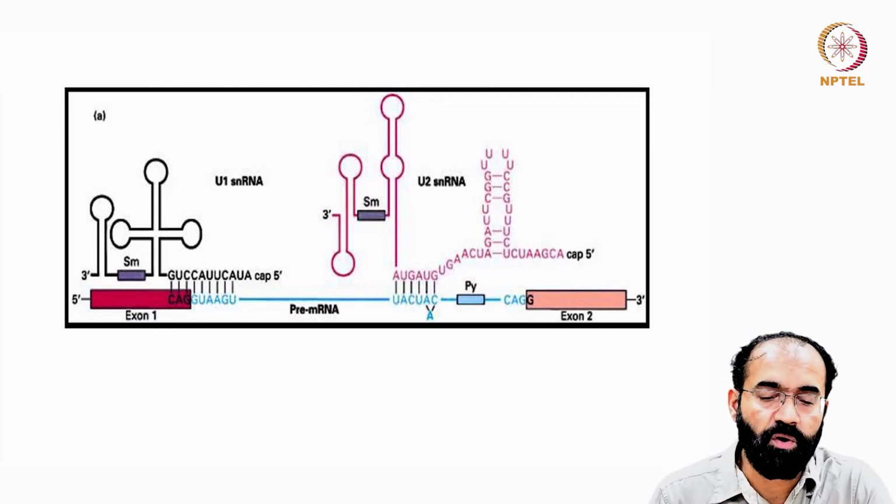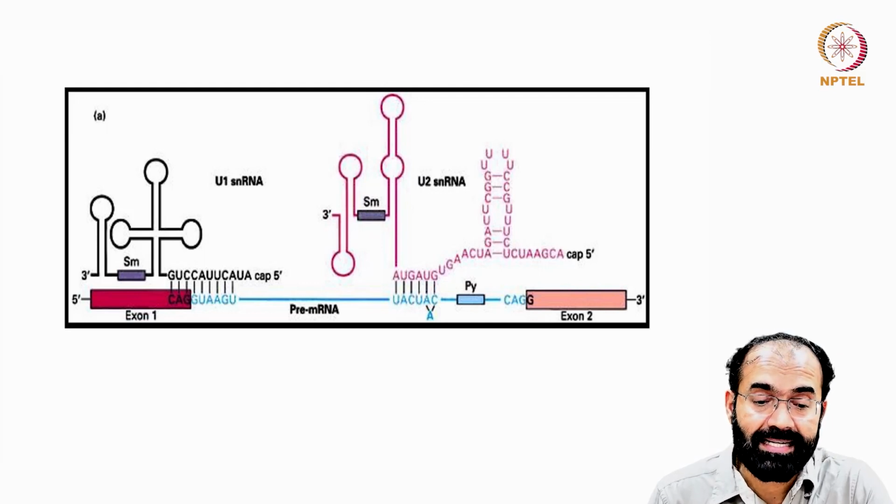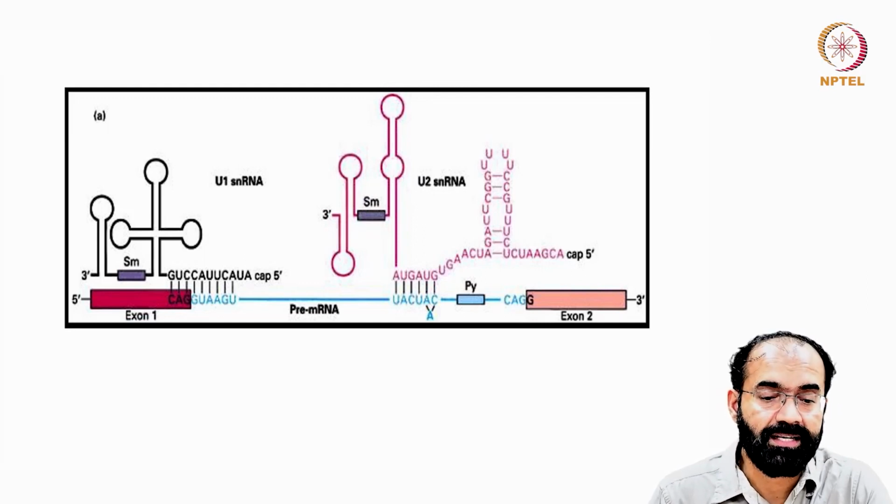And the branch point can interact with the specific bases of U2 snRNA, and because of this it can effectively pair, and this pairing brings in some uniqueness. What is that uniqueness? This will have a specific secondary structure.